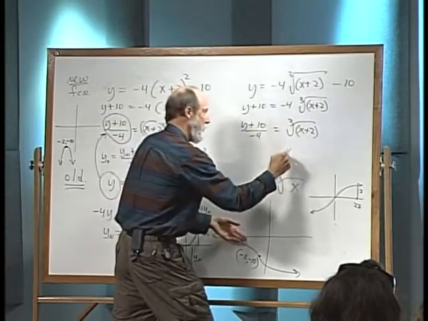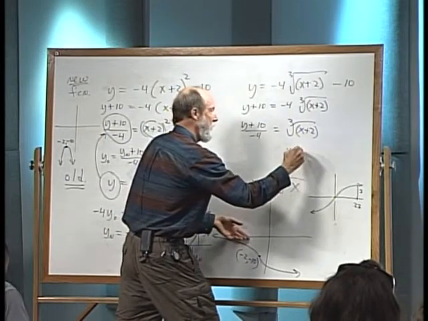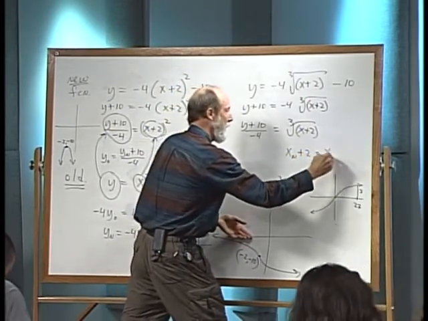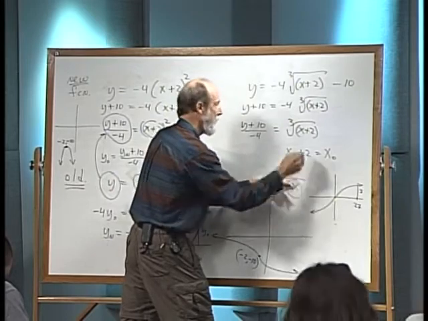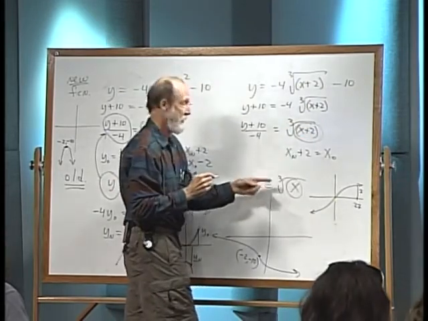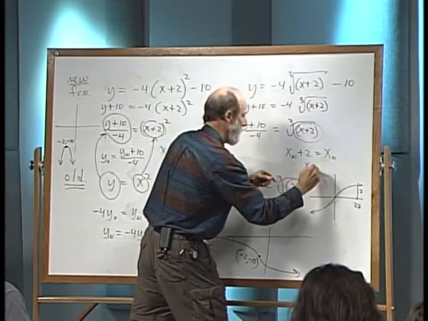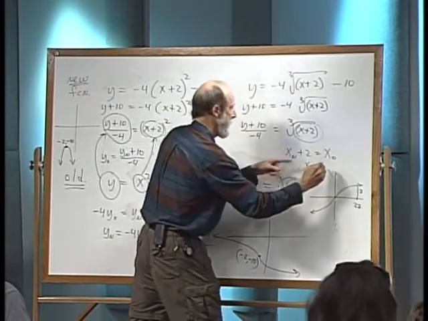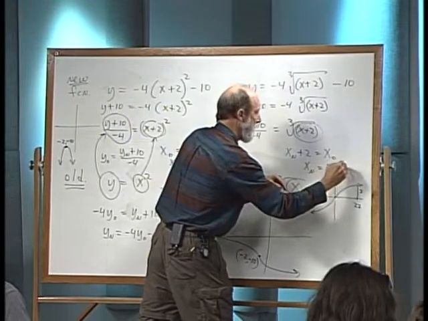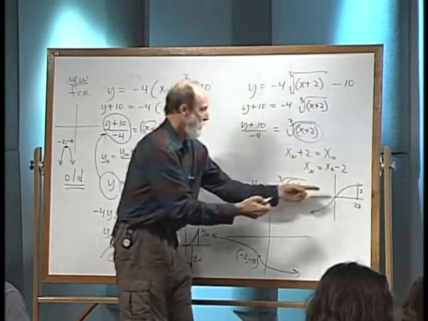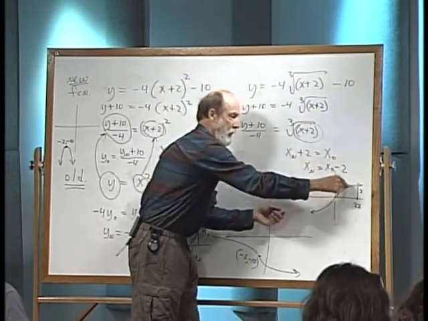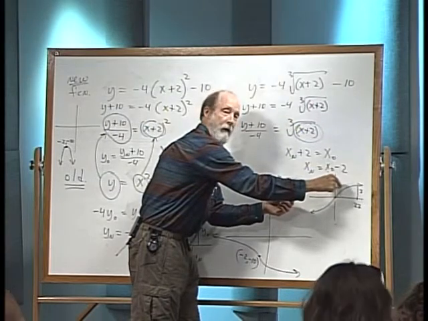So this new x reading plus 2 equals the old x. You're replacing this x with that. And if you look at the new x, it's the old x readings minus 2. So you're taking all these old x readings and kicking them 2 to the left.